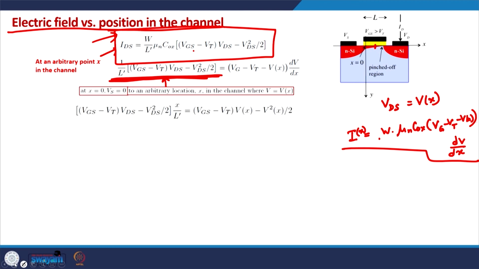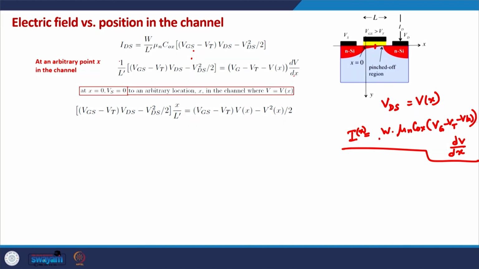and by having a change of variables on both sides, if we bring dx on the left side, it becomes dx by L prime. If we integrate this now from 0 to x at any point x, on the left side what will be there is Vgs minus Vt times Vds minus Vds square by 2 times x by L prime.